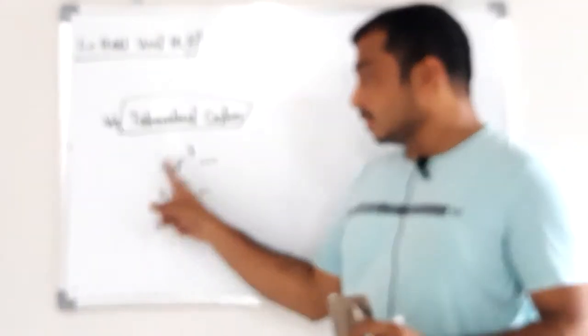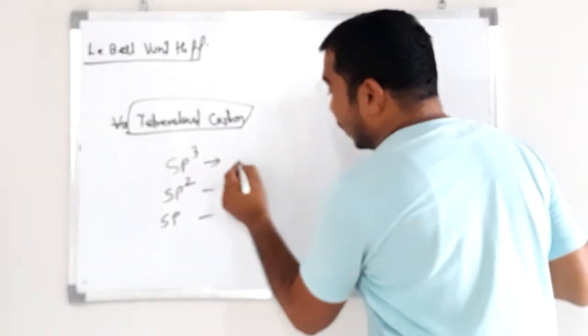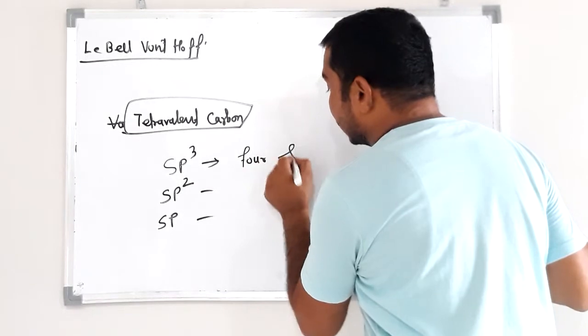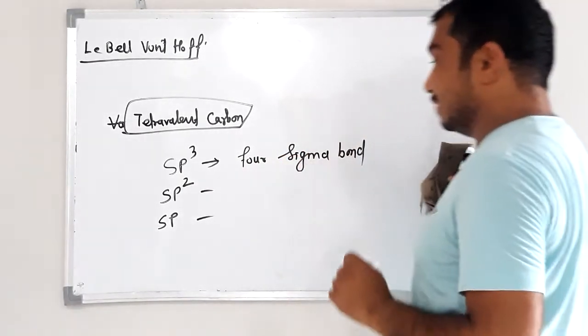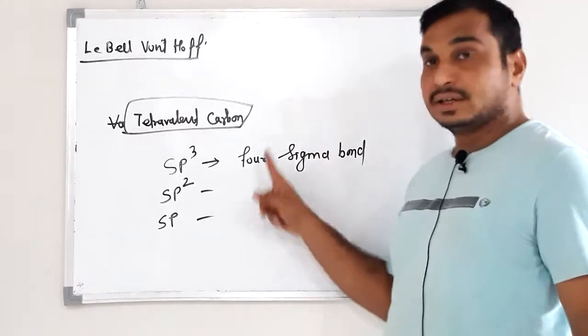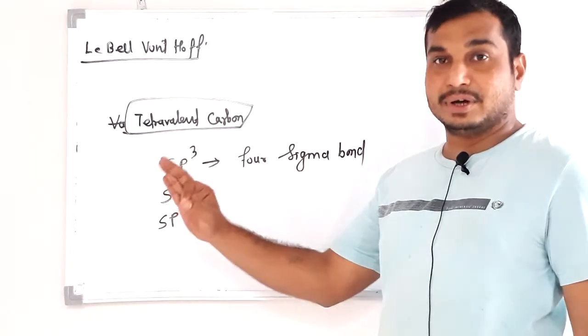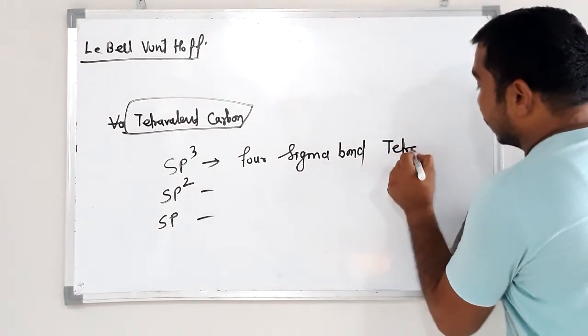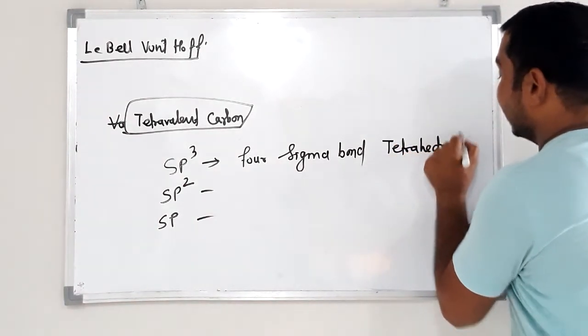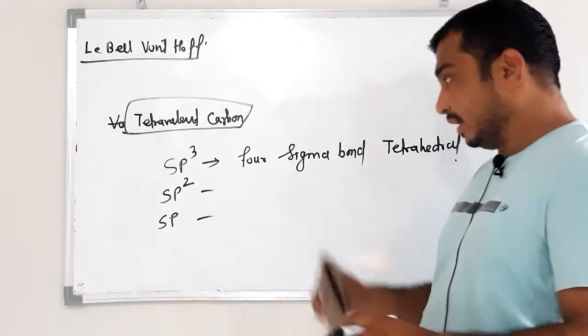In sp3, the carbon atom forms 4 sigma bonds, and in that case the geometry of that carbon or molecule will be tetrahedral. Tetrahedral geometry, I will explain.